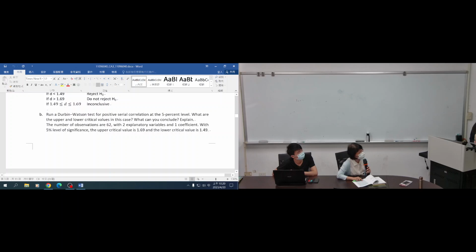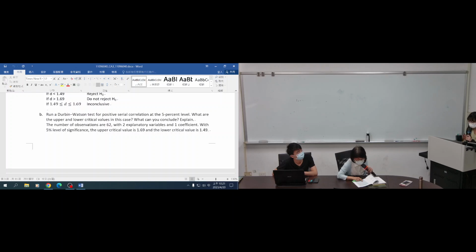K equals 2, right? Yep. Then what's the sample size here? Let me check, 62. Okay, so N is 62. So what are the lower and upper critical values? 1.49. Where did you get these numbers?